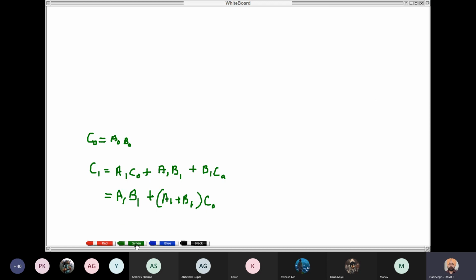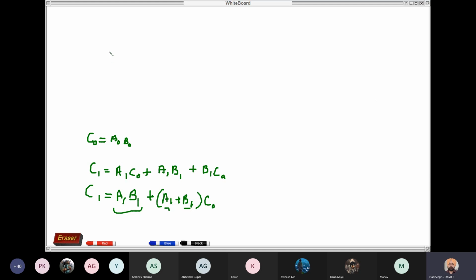This C1 carry will be generated at that stage if A1 and B1 are both 1, or the previous carry will be propagated to C1 if either A1 or B1 is 1.